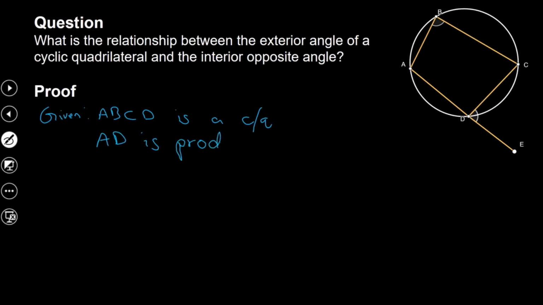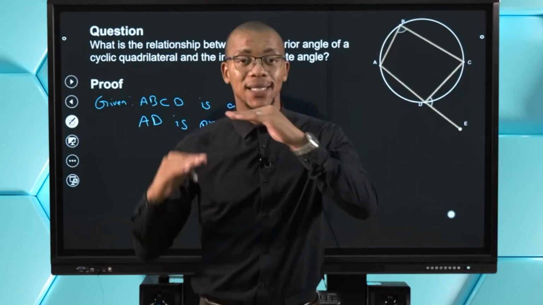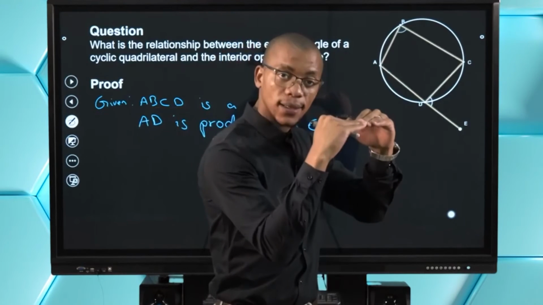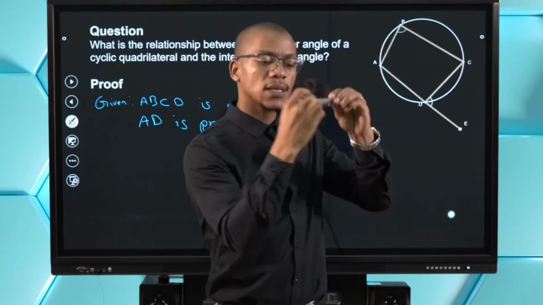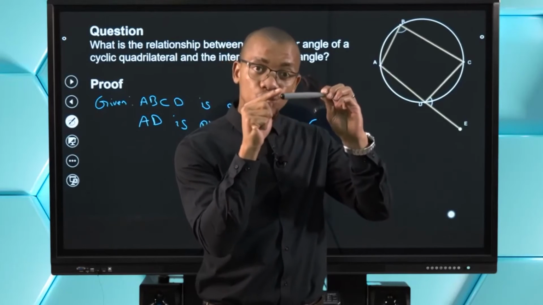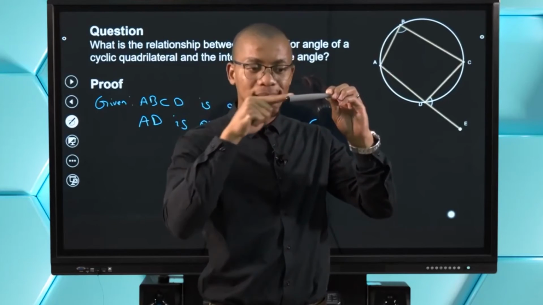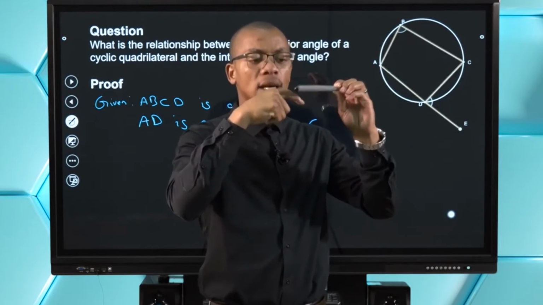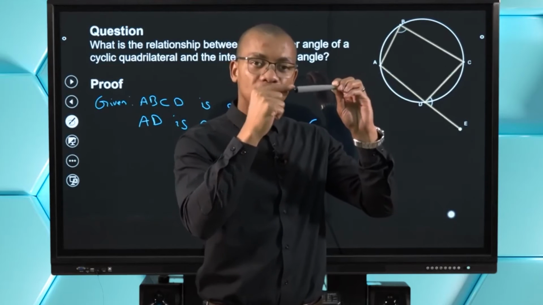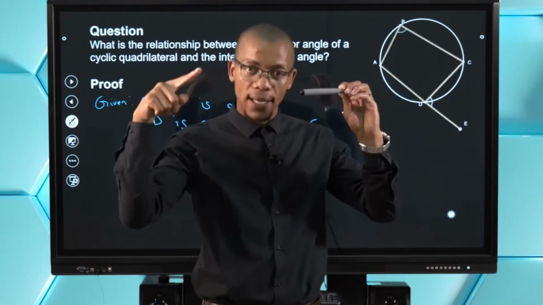Now I'm introducing another word. Produced, please, it's not about manufacturing or producers as we know them. Produced to E. In this context, in mathematics, when we talk about something being produced, we are saying it's been extended. If I say this side is produced to something there, it means I drew a line from the end point of this line and joined it straight.